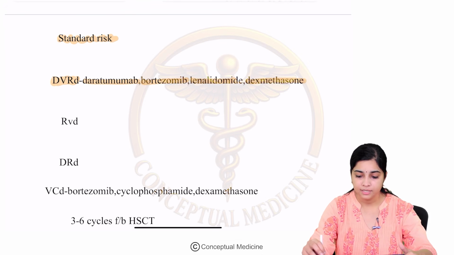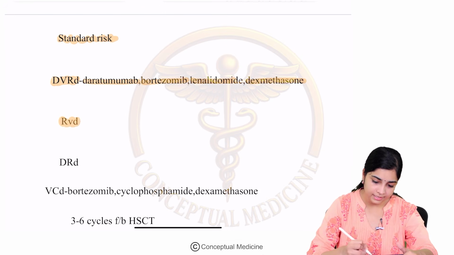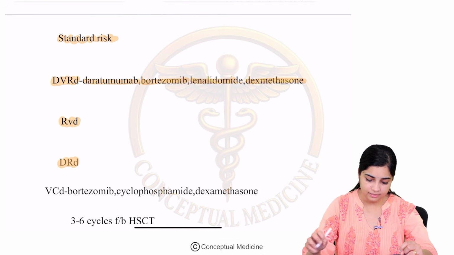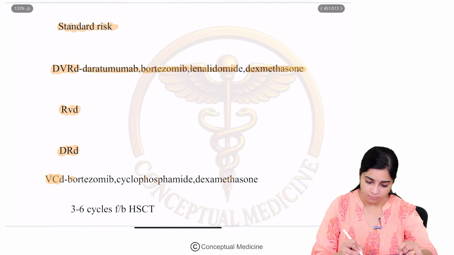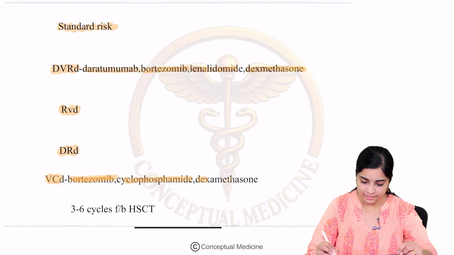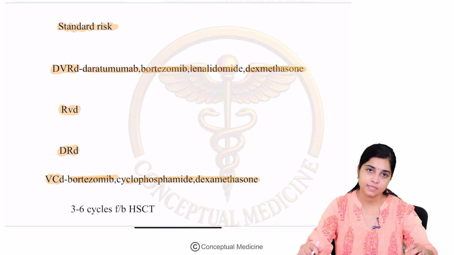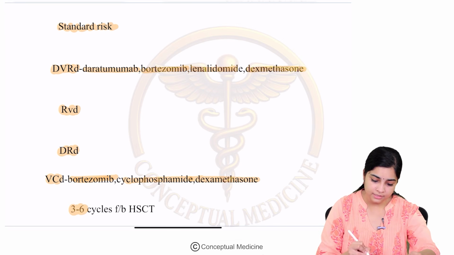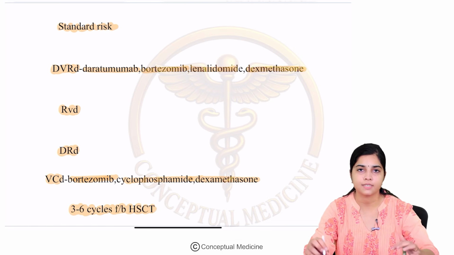The other regimens which can be used include RVD, where you have only Bortezomib, Lenalidomide and dexamethasone, and DRD regimens. Then VCD comprises Bortezomib, cyclophosphamide and dexamethasone, which can also be used. These are usually 3 to 6 cycles, followed by consolidation therapy with hematopoietic stem cell transplant.